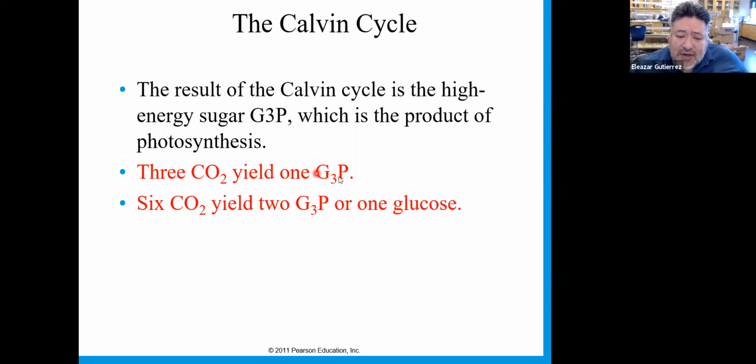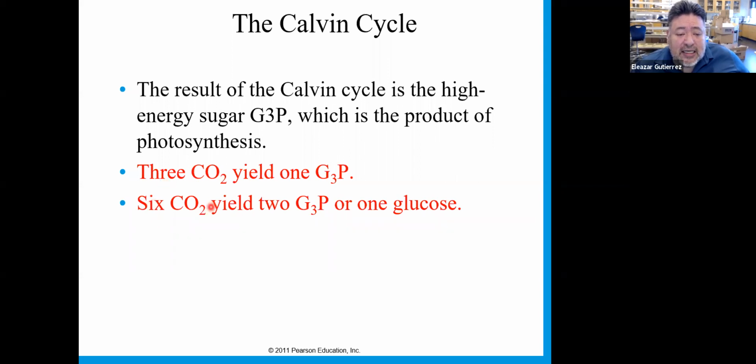So this guy has 3 carbons and glucose has 6. It stands to reason that we need 2 of these to yield 1 of those. How do we do that? We take all this and we multiply it by 2. So 3 times 2 is 6.